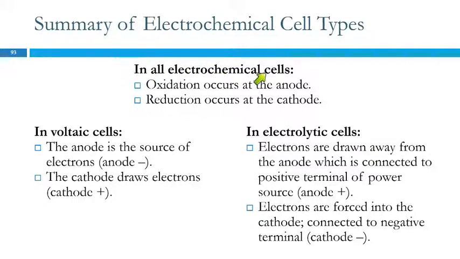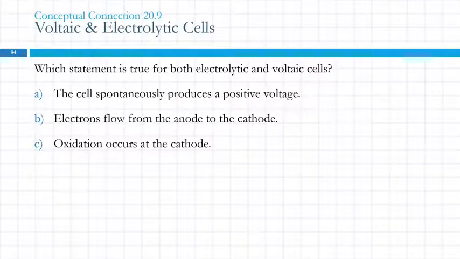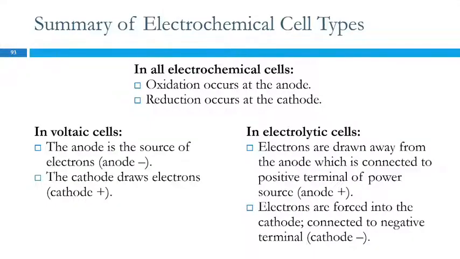In all electrochemical cells, oxidation occurs at the anode, reduction occurs at the cathode. So this oxidation occurs at the cathode. That's just wrong, right?